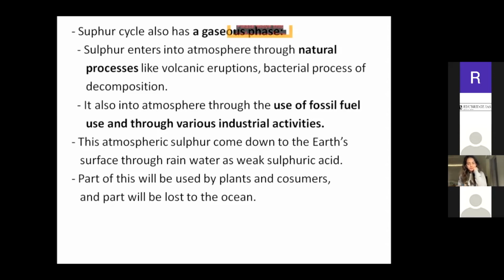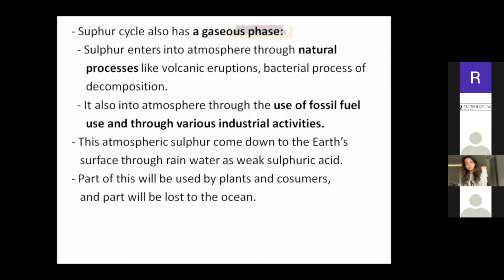So this is about the nutrient cycles. The only important cycle you can say is the nitrogen cycle. So nitrogen cycle is important, and even phosphorus and sulfur cycles are a bit important, but majorly it is the nitrogen cycle.